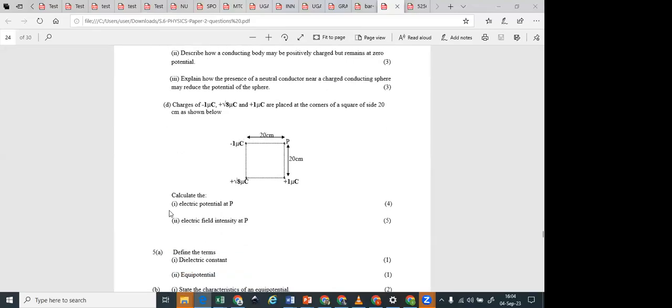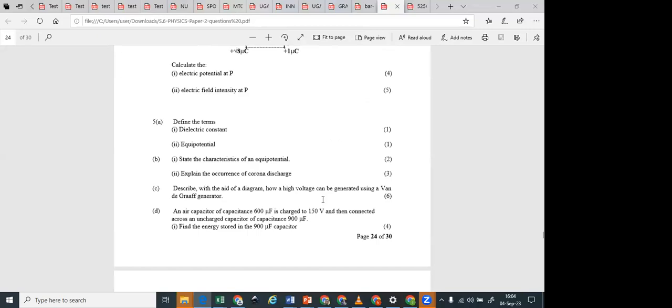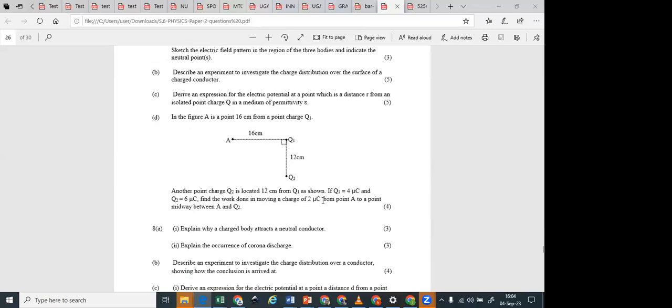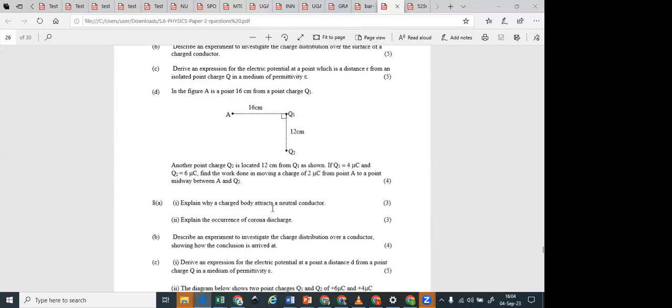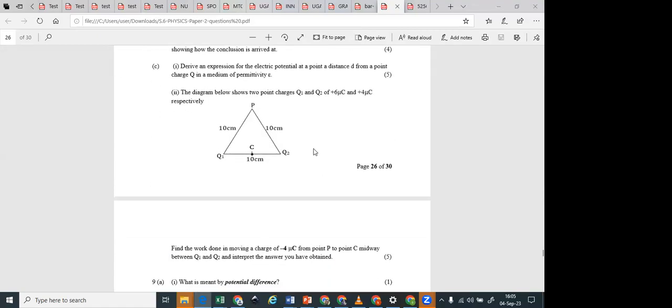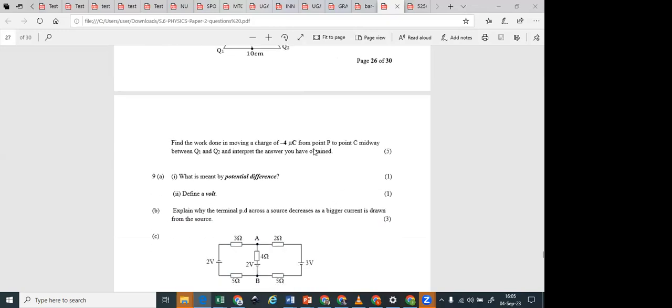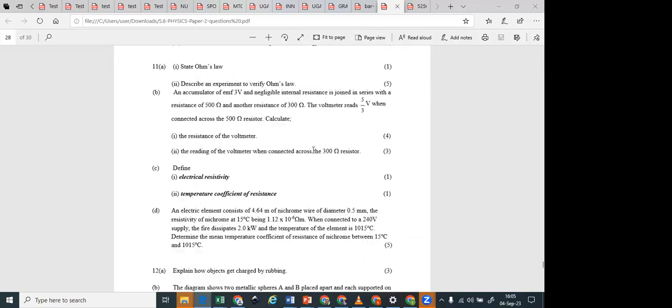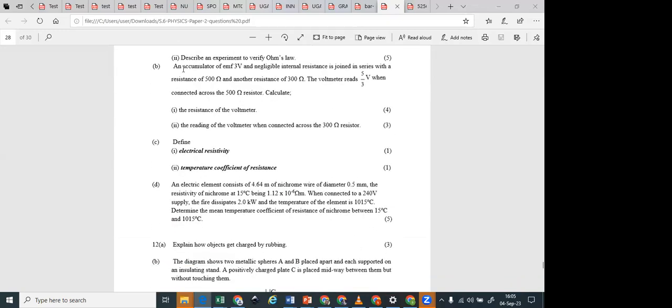Also, when you look in many of the papers, you'll find that such numbers, requiring you to calculate electric potential and electric field intensity, do not miss. Why? They always carry 4 to 6 marks. These are the numbers that we should always pass if we are to get good grades in that part.